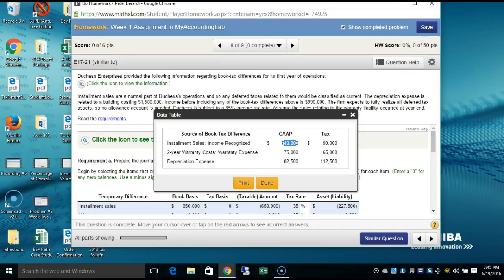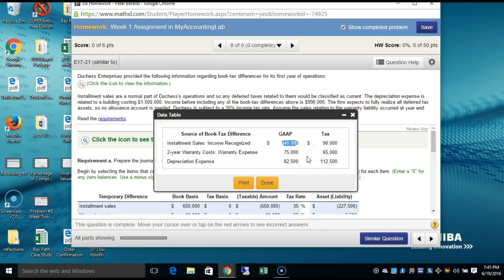Showing more income means we're going to pay more tax. If we're paying more tax now, that means we will pay less tax in the future, as the warranty expense that's higher under GAAP eventually gets paid out in latter years. That creates a deferred tax asset.